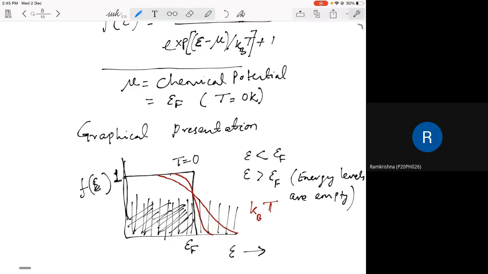Typically the Fermi level will always be very close to the value at T equal to 0, unless you go above the melting temperature. So at working temperature, the difference from the T equal to 0 value is very small. But in case of a semiconductor, it depends on the doping and so on. This Fermi level can change.